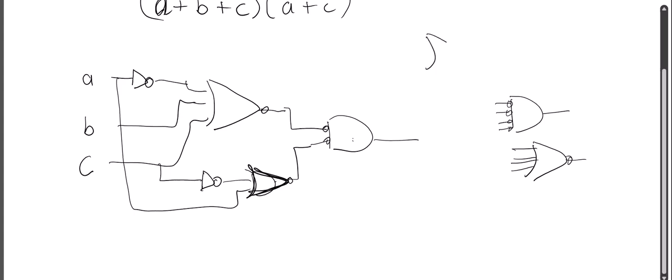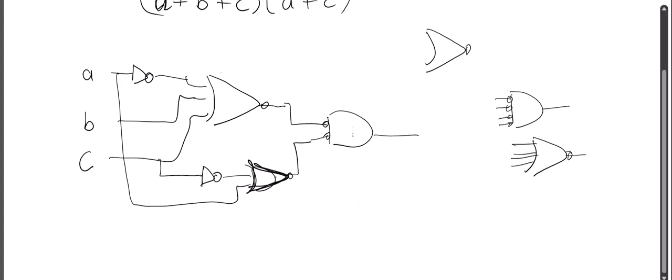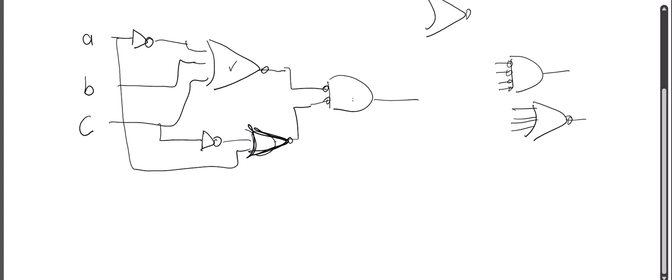If you have an OR, just putting a bubble at the end turns it into a NOR. So this is a NOR, this is a NOR, and now this is a NOR.